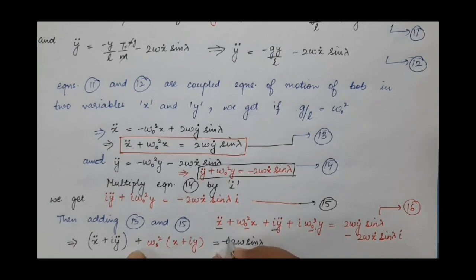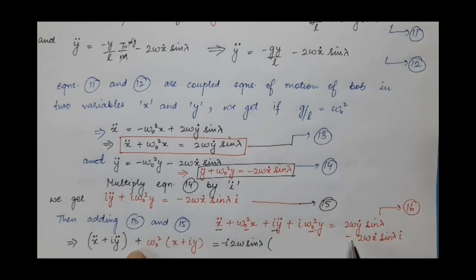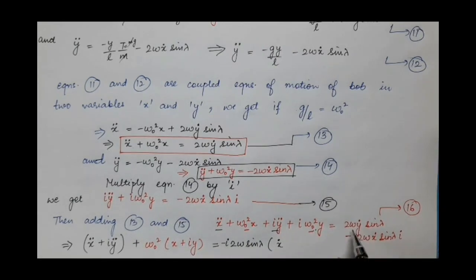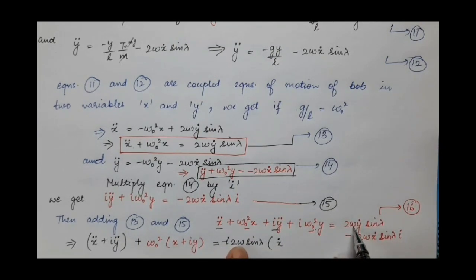So from this term you have taken minus 2 omega sine lambda I cap common, and what is left inside the bracket will be x dot. And as you can see, from this term we have taken 2 common, omega common, and sine lambda common, but there is no minus iota.